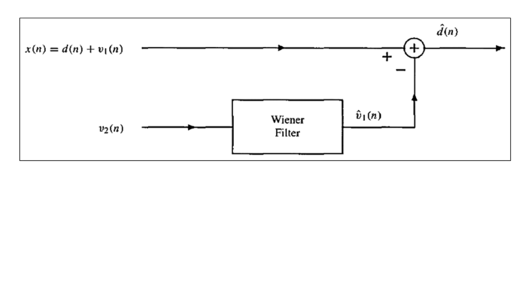What are we subtracting from x of n? It is v1 cap of n, which is the output of the Wiener filter, where the input is v2 of n, what we have called the reference signal. So v2 of n is fed as input to the Wiener filter, and it outputs the estimate of the noise signal because of its assumed correlation to it. So v1 cap of n is subtracted from x of n, and finally we expect d cap of n.